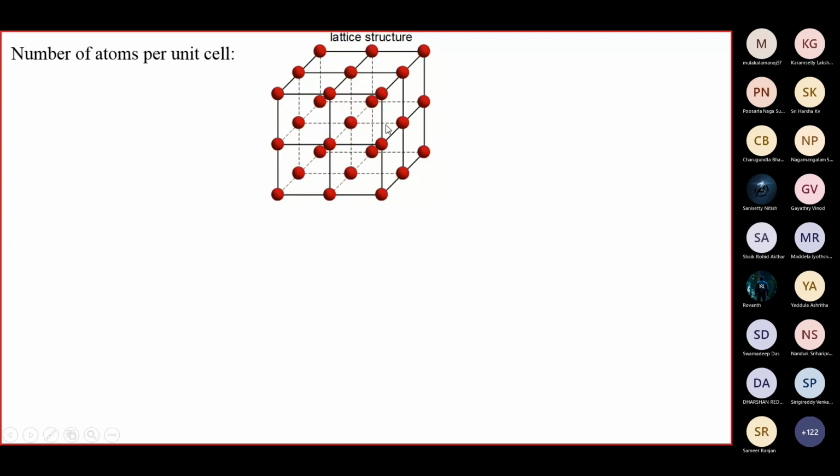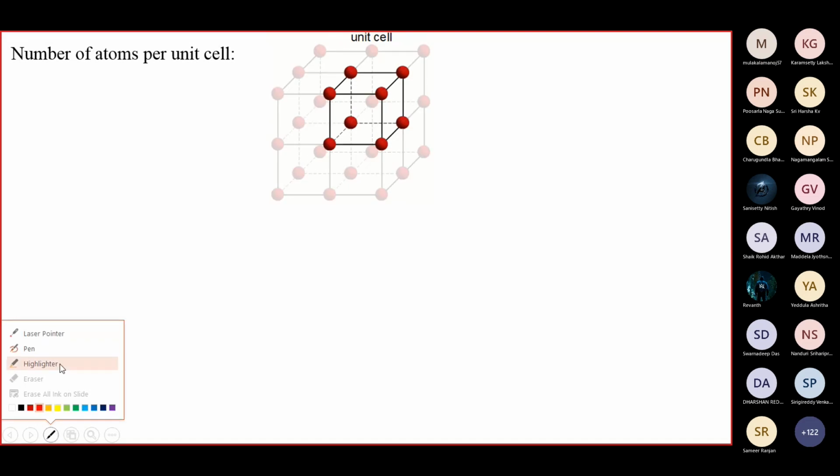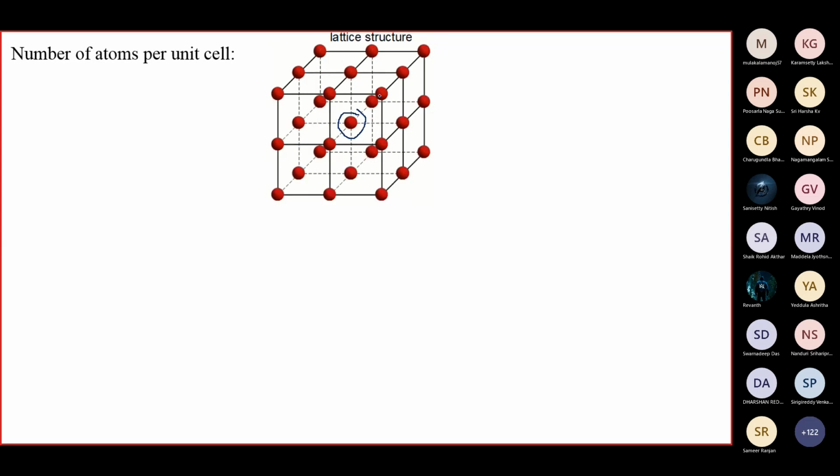So here we see, for example, if we take this particular atom, it not only belongs to this unit cell, whatever unit cell is being highlighted, it also belongs to so many other unit cells, right?